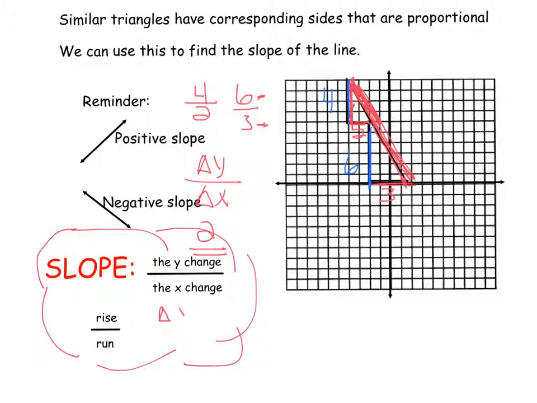This is another way to write it, the change in y over the change in x. This little triangle is the Greek letter delta, and it is a shortcut way of saying change. So the change in y over the change in x, that's slope.